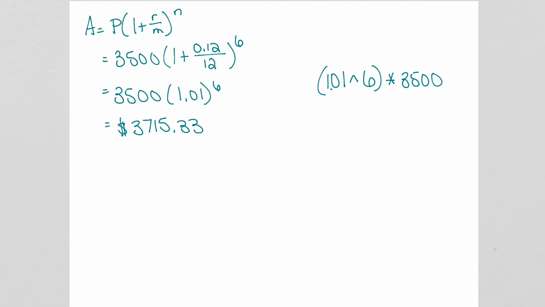So that's what you're going to be paying on now. If you want to find out how much interest that is, then you'll need to subtract off the $3,500. So you're paying $213.33 in interest during that 6 months that you're not paying anything at all.